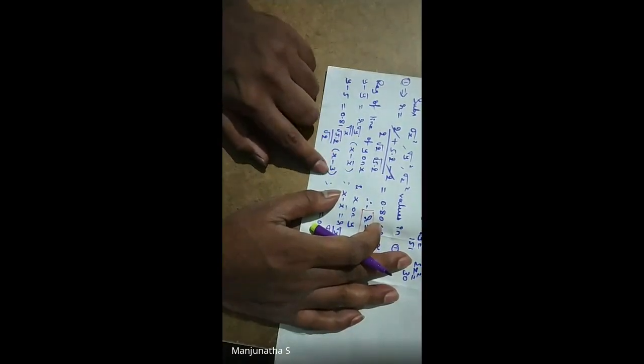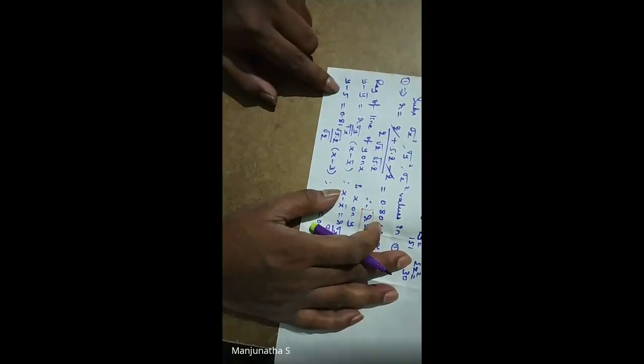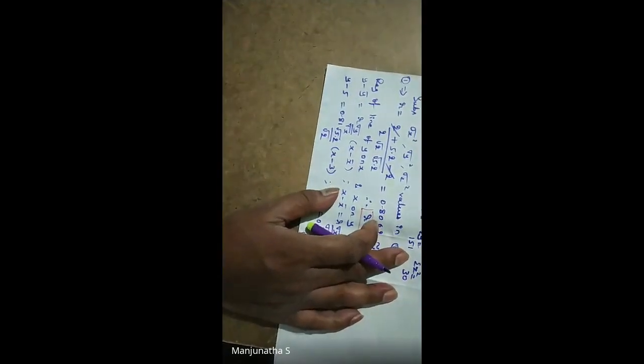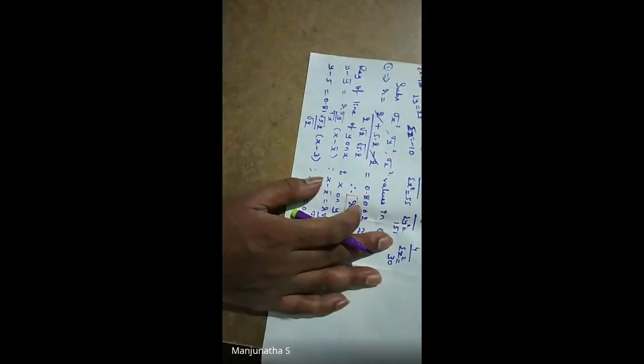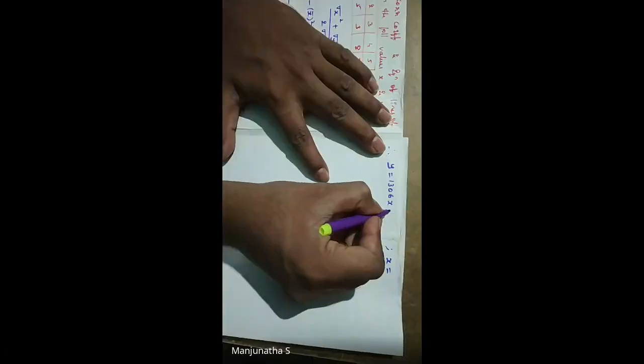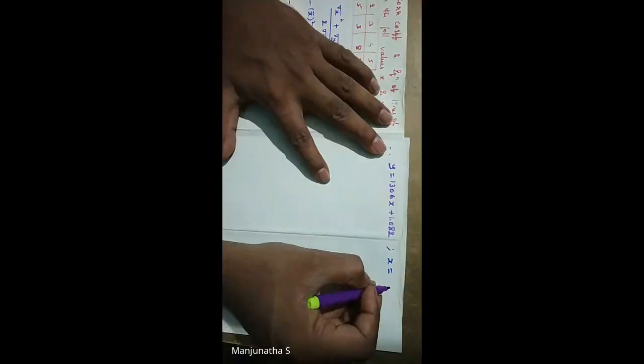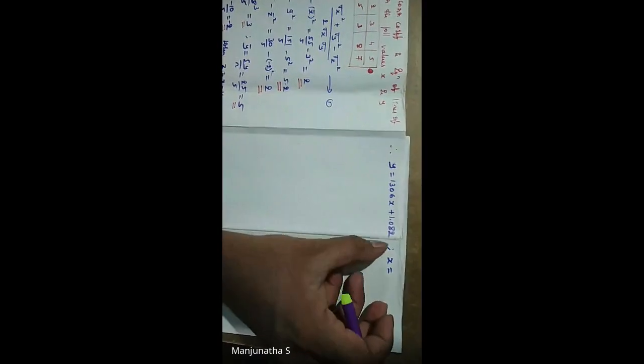It means multiply with 3 and multiply with x, and afterwards send 10 minus 5 to the other side. So the final y is equal to 1.306x plus 1.082. Yes, correct. Similarly, do x and the others.